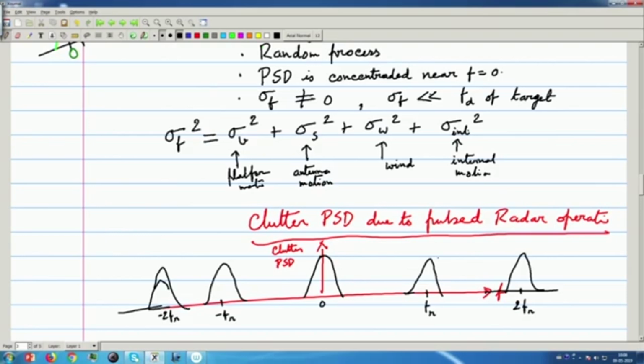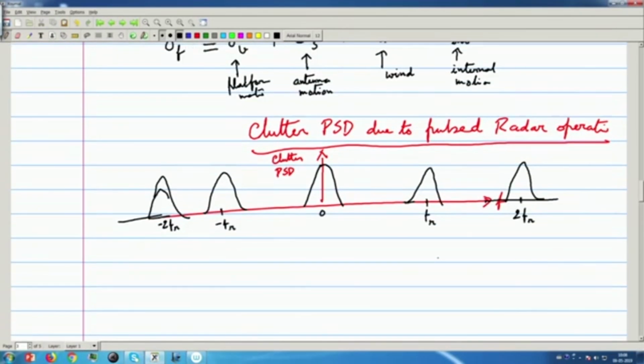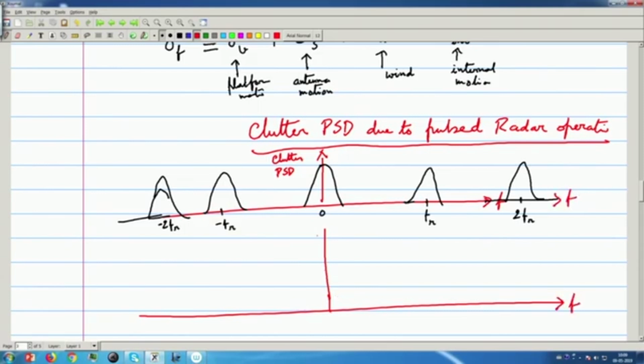So, suppose I can draw what a typical input is, this is in F. So, what is the input given to the MTI filter?